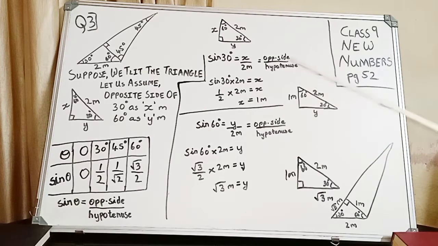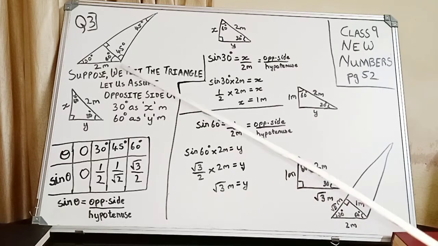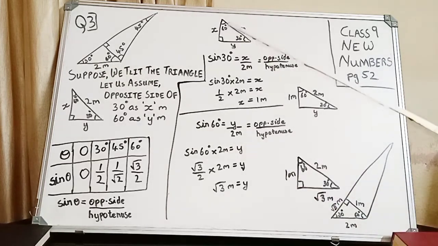So this same diagram we are taking over here. The side opposite to 60 degree let it be y and the side opposite to 30 degree let it be x. And you can see this hypotenuse side is mentioned over here, 2 meter. This is from the question itself.